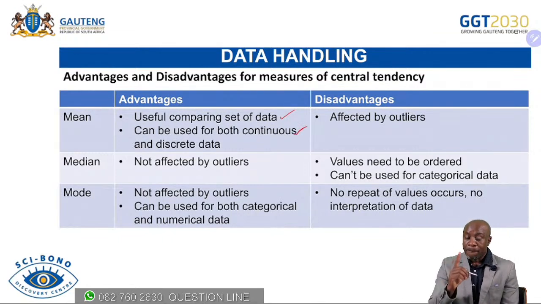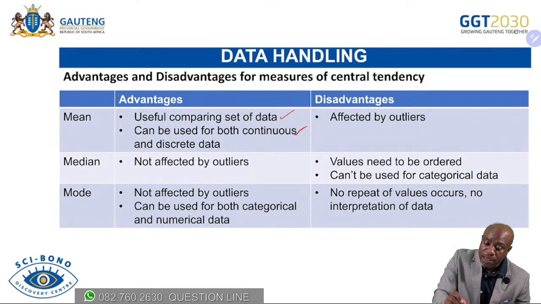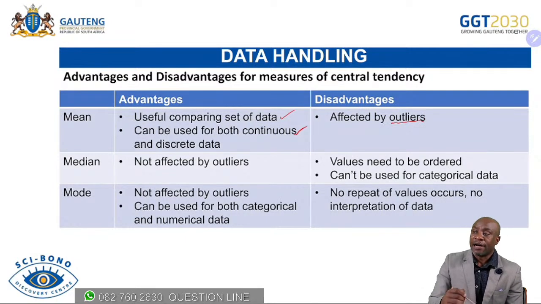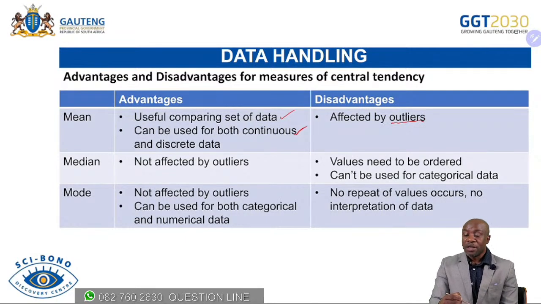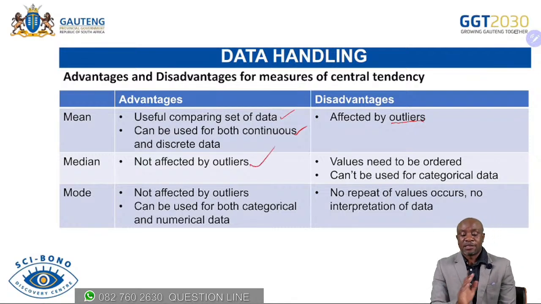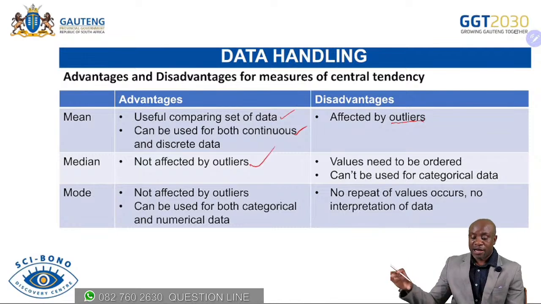But don't forget this. The mean is affected, very much, by outliers. So if you have extreme values, your mean is affected by those extreme values. But the median, on the other hand, has the advantage that it is not affected by the outlier. It stands in the middle. No outlier affects the median.